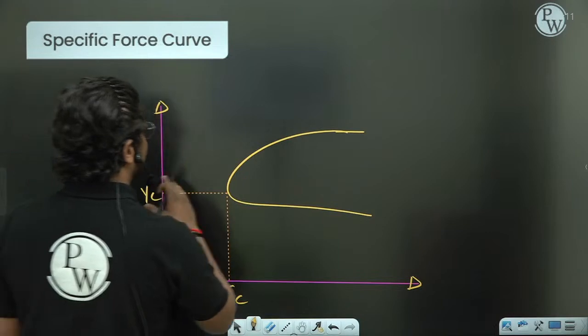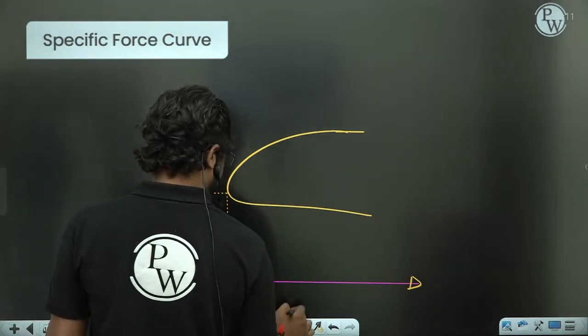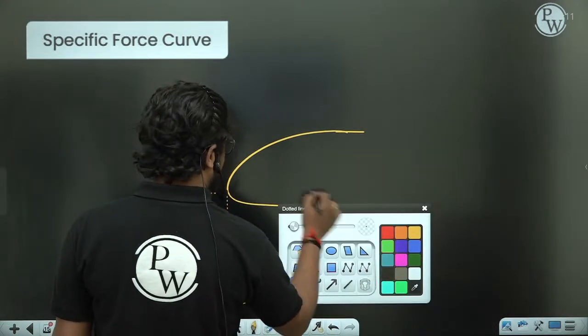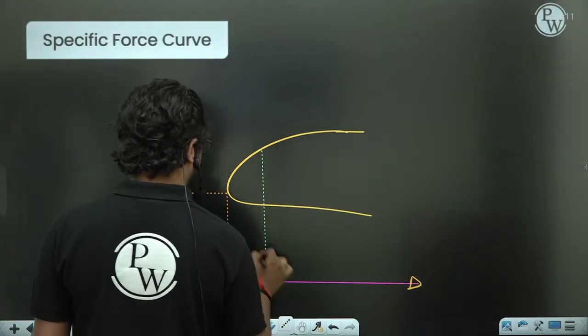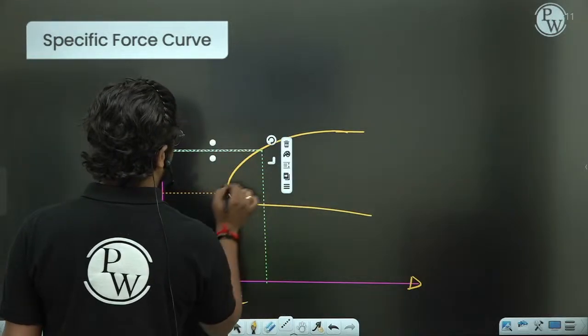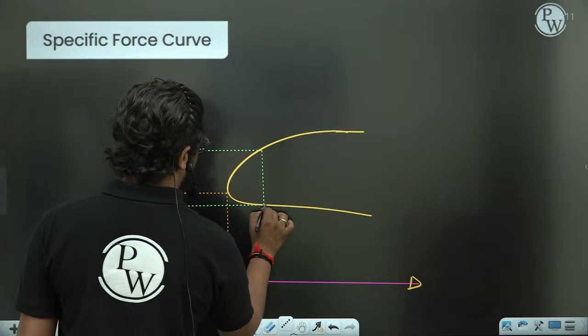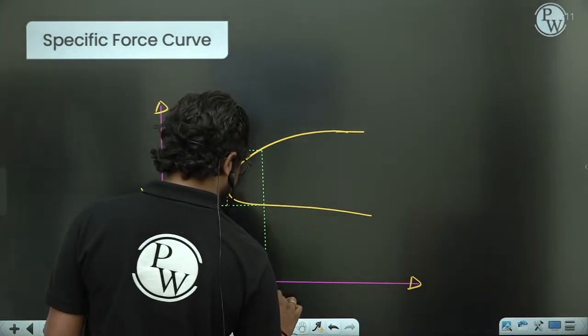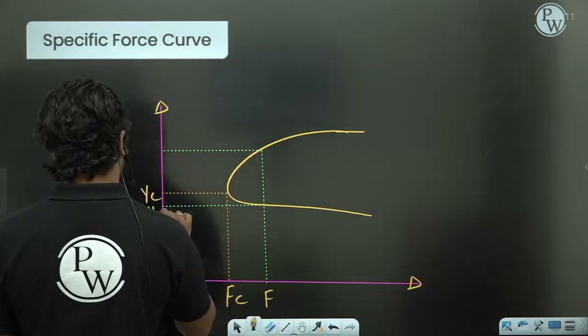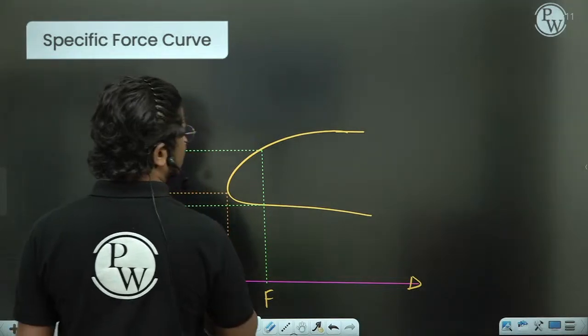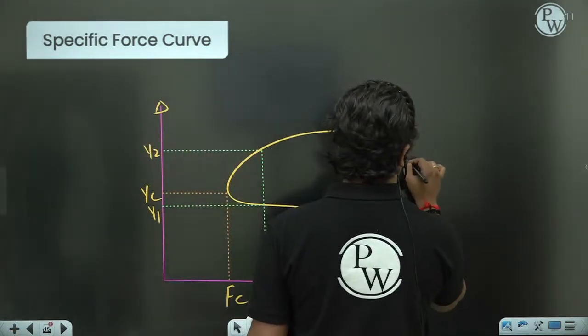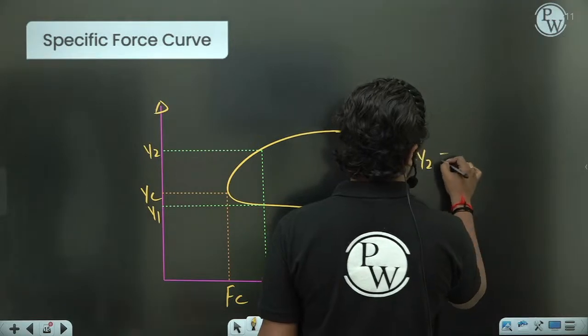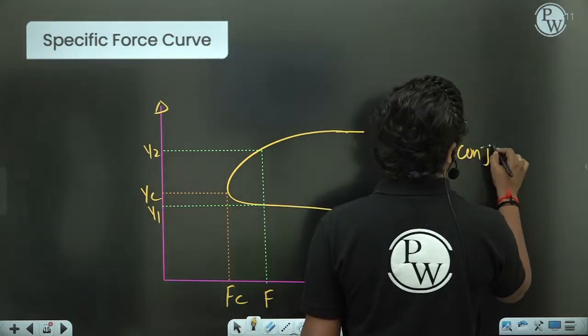And here also, if you go anywhere in the rightmost part, for any specific force you will have two depths, y1 and y2. Kindly note it down, y1 and y2 are conjugate depths.